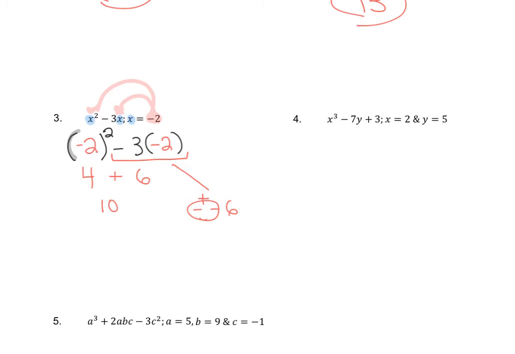All right, for this one, we have 2 different variables in it. So when I highlight, I'm just going to be careful. I'm going to do x with blue and y with green. All right, so I'm plugging a 2 in for x, and I'm plugging a 5 in for y.